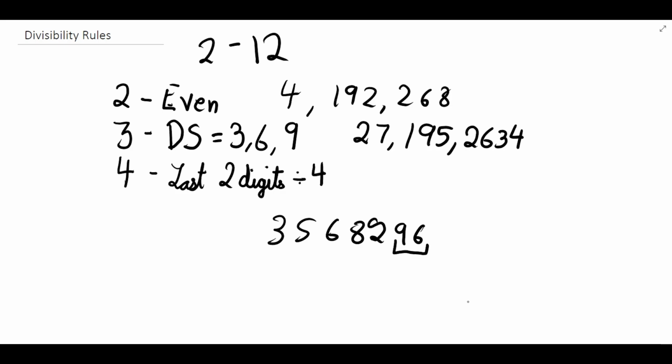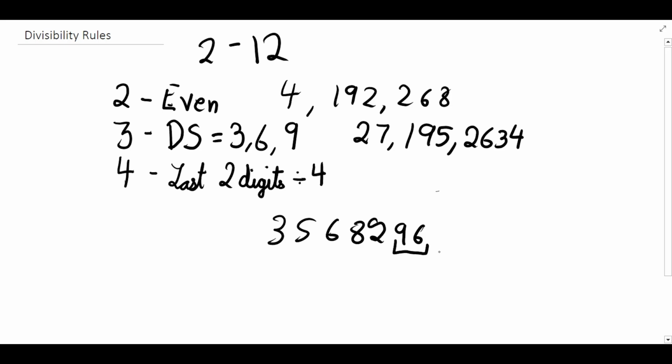Because for 4, you need to have two 2's in the prime factorization of the number. In the sense that when you prime factorize a number, you will get 2 twice, because 4 is 2 times 2. So this makes sure that you have that. It doesn't matter what the rest of the digits are.